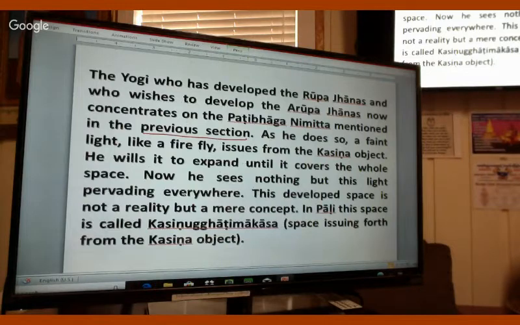At that time, the patibhaga nimitta changes into a very special light, like a firefly appearing imaginarily in his mind.